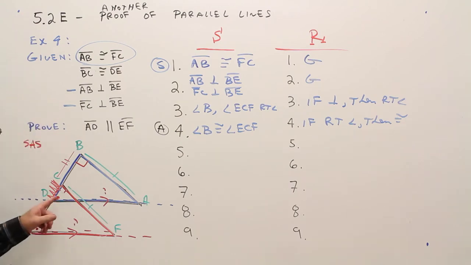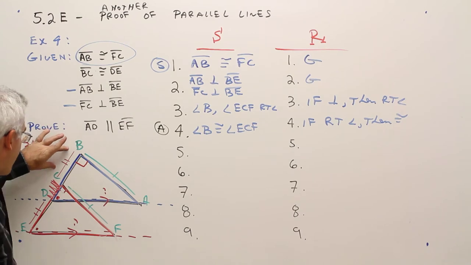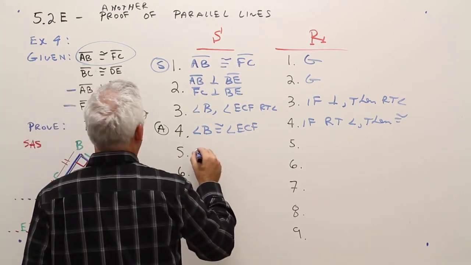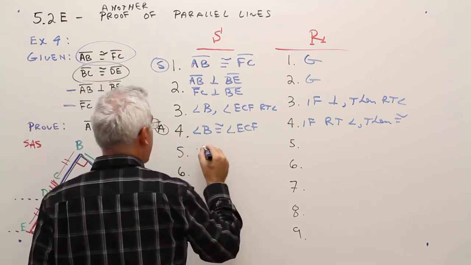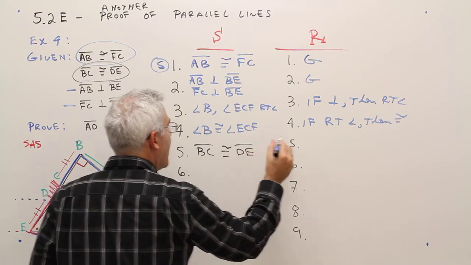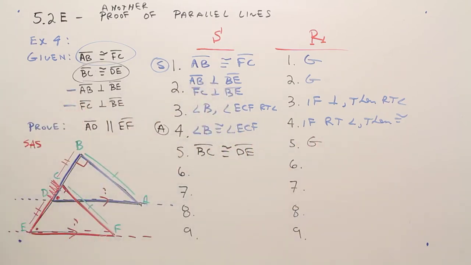Then I just need to get the third side. I'm going to do segment addition. Okay, so first I'm going to start with two segments that are congruent. So using this part of the given right here, BC is congruent to DE. That was given. And then again, I'm just going to do the segment addition.